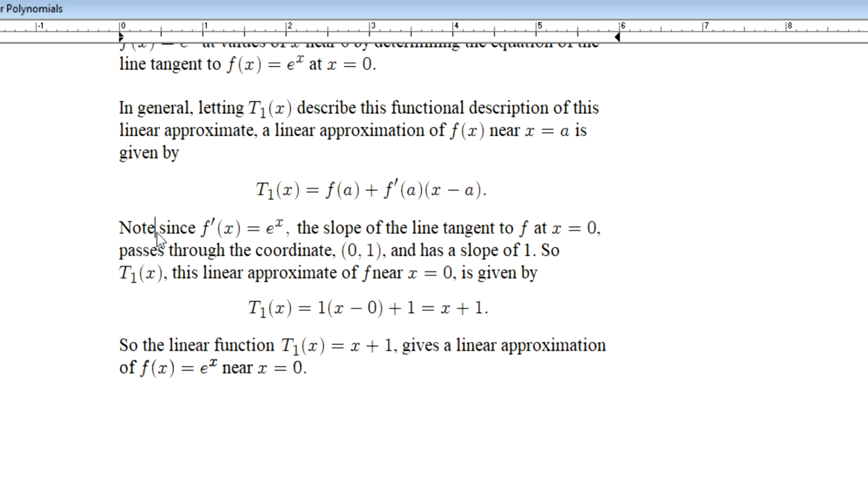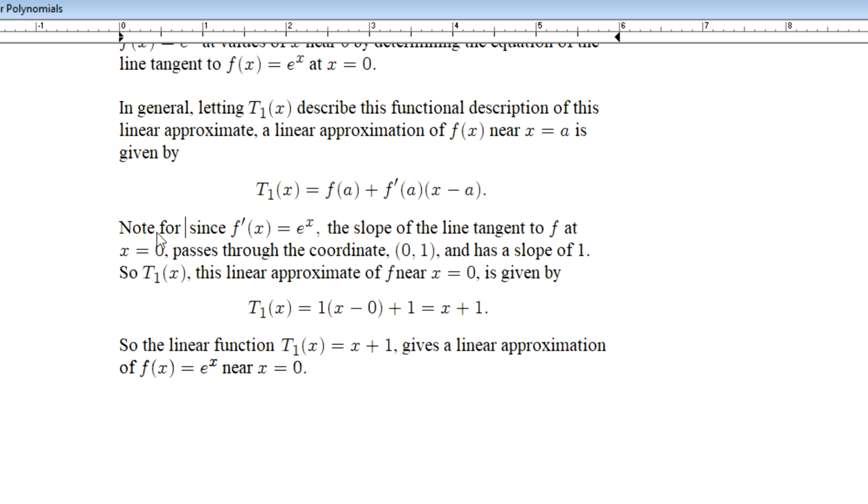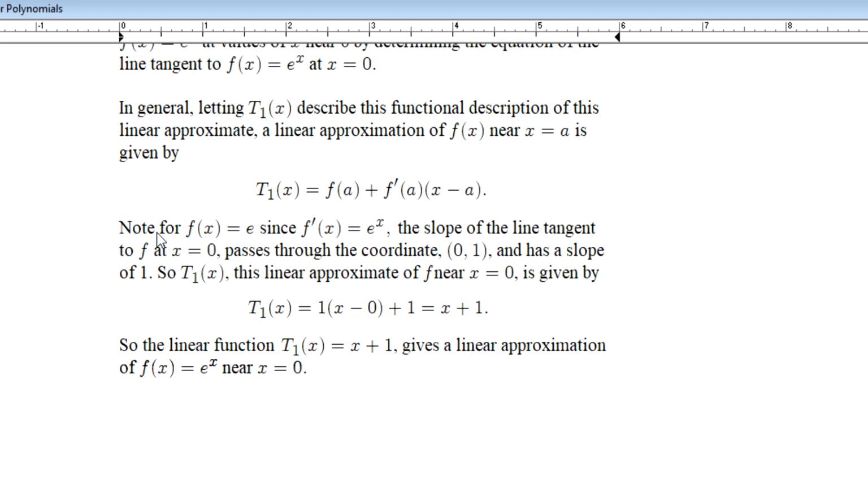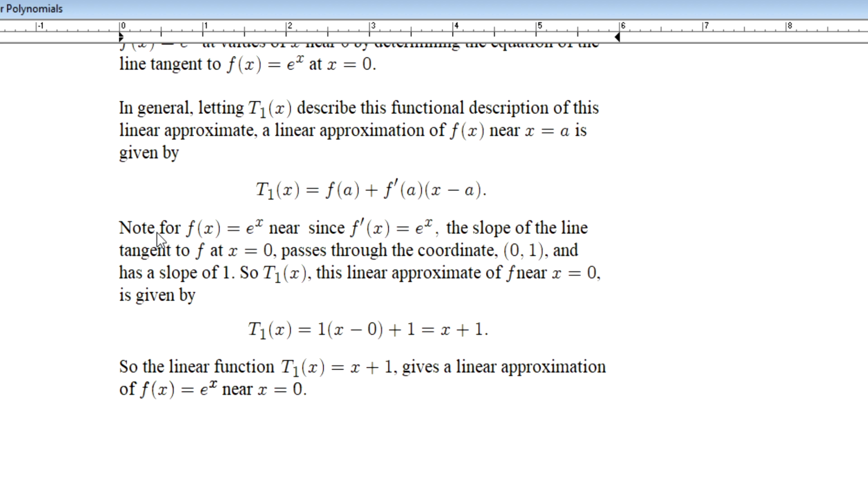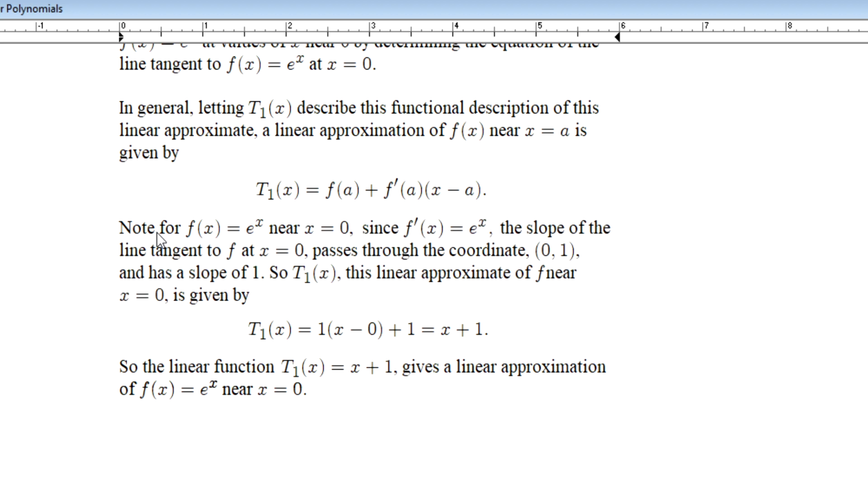So, folks, for the case of f of x equal to e to the x, near x equal to 0, this being our value of a, since the first derivative of e to the x is also just e to the x, the slope of the line tangent to f at x equal to 0, passing through the coordinate (0, 1), is 1.